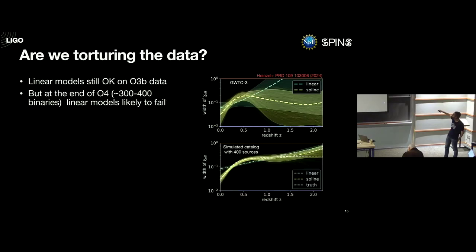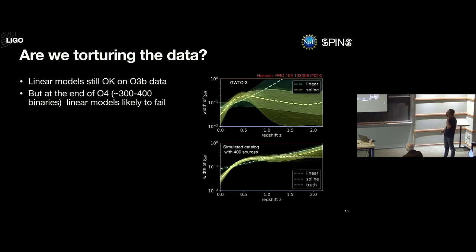However, projecting to a catalog of 400 simulated sources, as we may have, or definitely will have at the end of O4, especially because O4 is now longer than ever before, if you assume some true underlying universe which has a nonlinear correlation, then your linear model in blue and your spline correlated model in yellow will start to disagree at more than their statistical uncertainties, which, again, is something that we have to pay attention to, in my opinion.